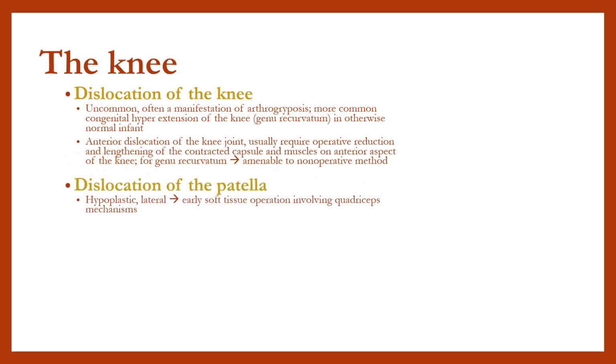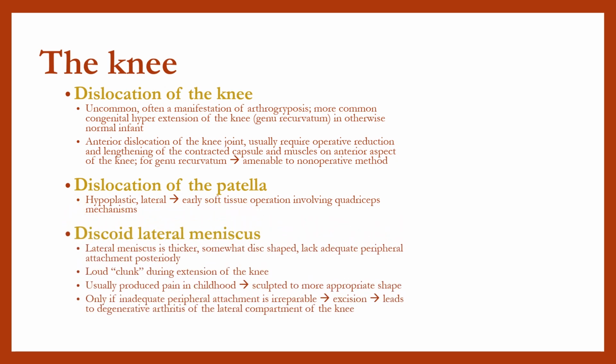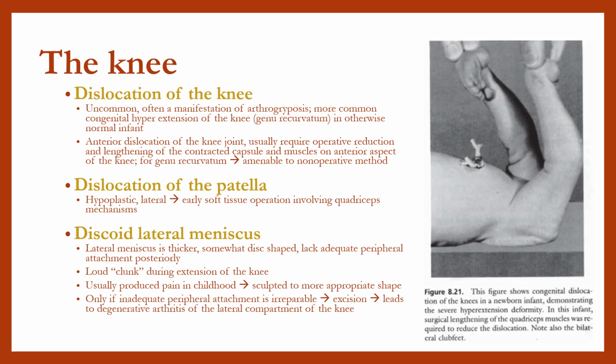Dislocation of the patella. Hypoplastic, lateral, early soft tissue operation involving the quadriceps mechanism. Discoid lateral meniscus. The lateral meniscus is thicker, somewhat disc-shaped, with inadequate peripheral attachment posteriorly. Loud clunk during extension of the knee.